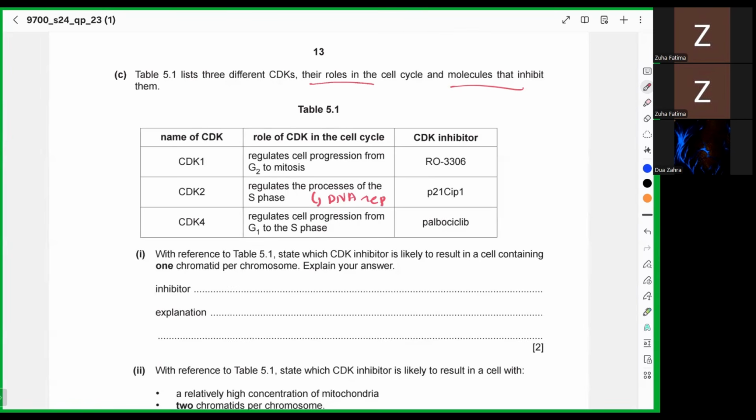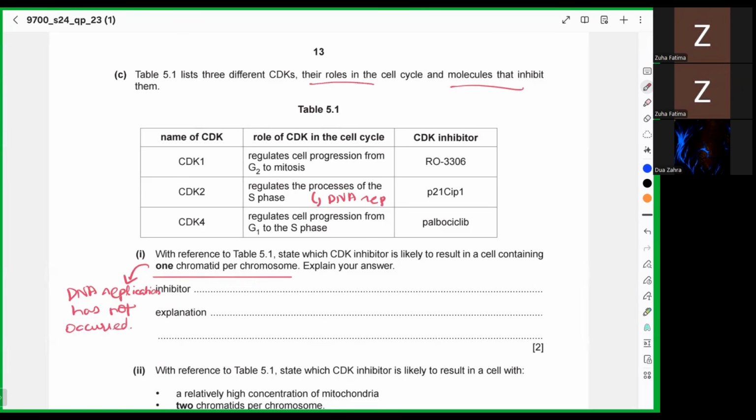With reference to table 5.1, state which CDK inhibitor is likely to result in a cell containing one chromatid per chromosome. One chromatid per chromosome means that DNA replication has not occurred.